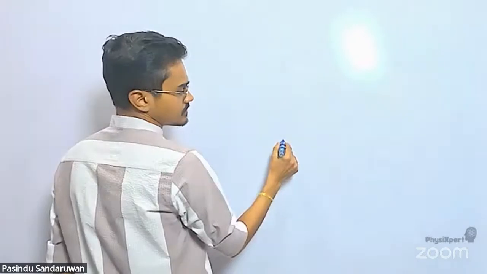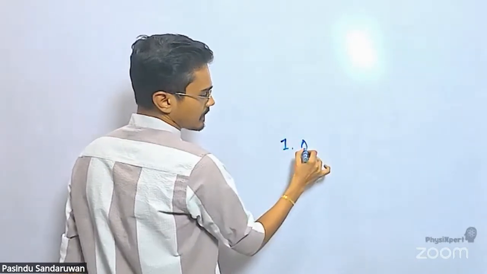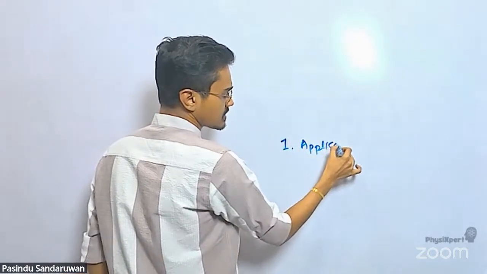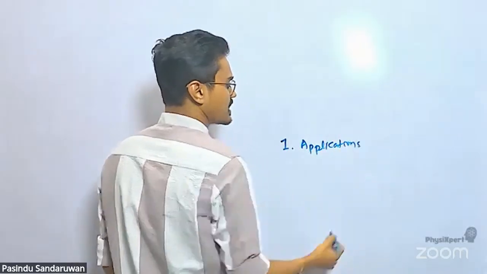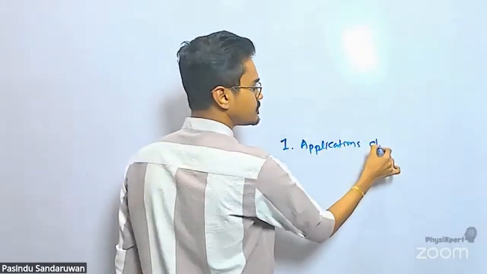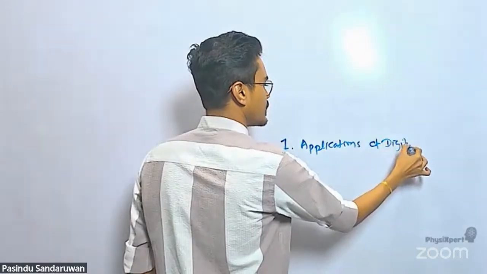The plans coming up next, once you get the results this week, are that we'll practice more questions on the things we covered. First, a few more applications of digital.